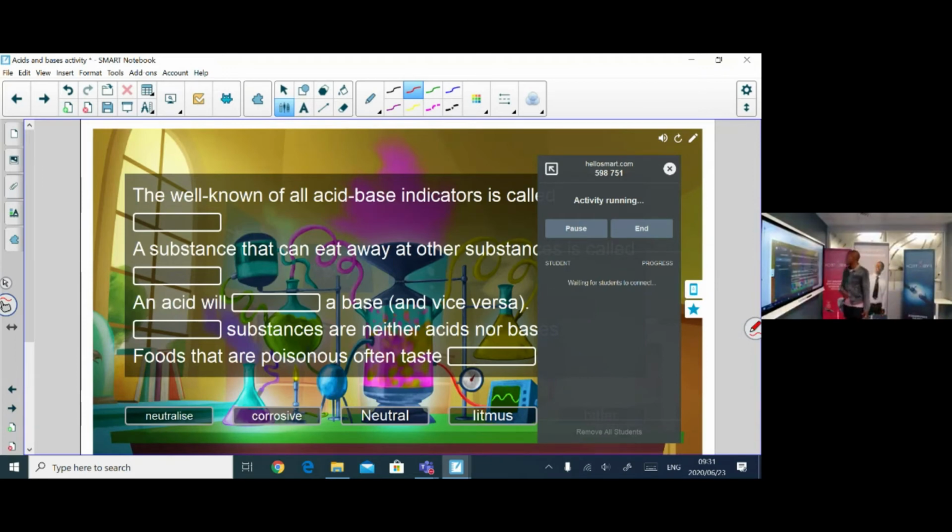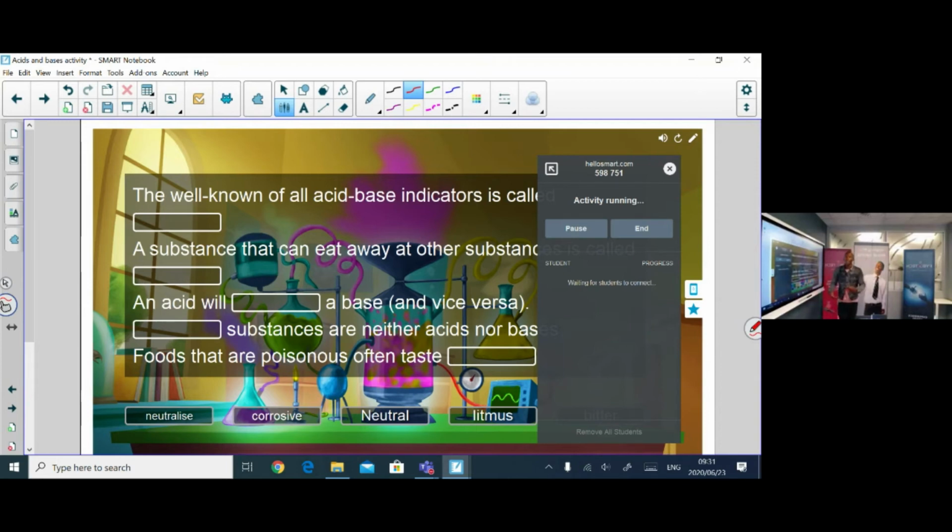We have a substance that can eat away at other substances. What is it called? We discussed that acids and bases have this particular property, being able to eat away at materials, degrade other materials.